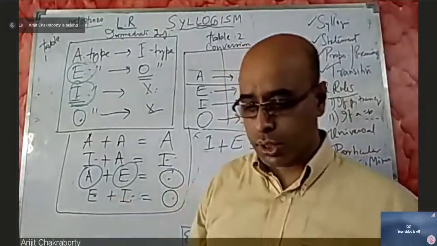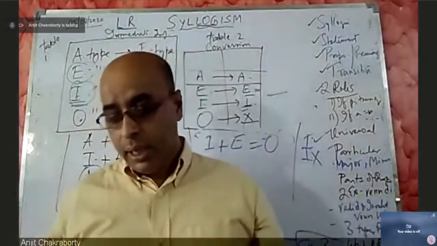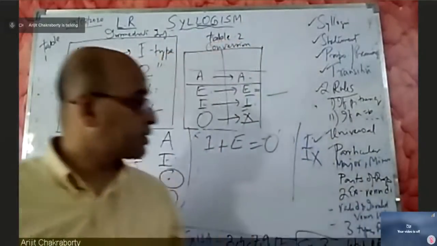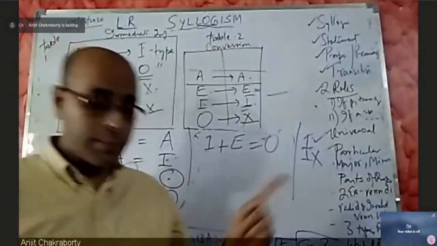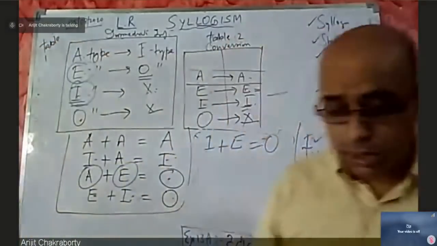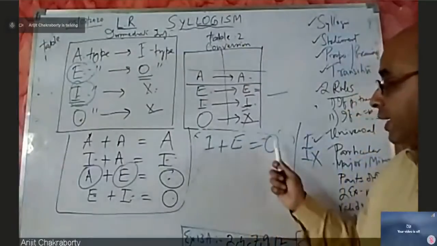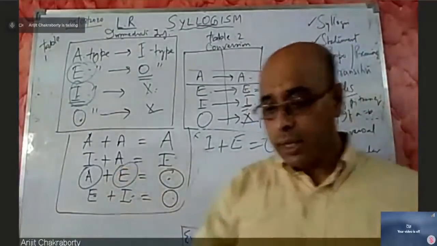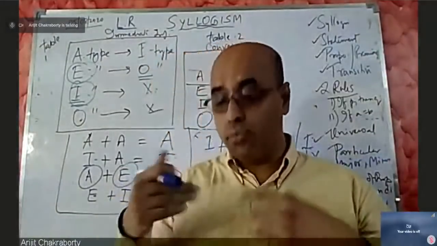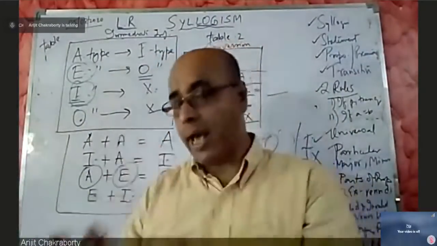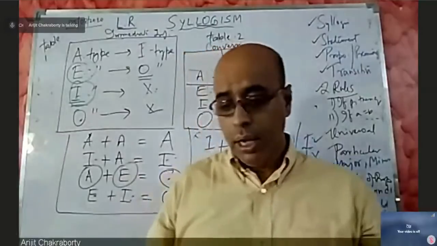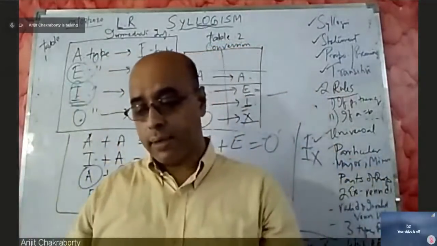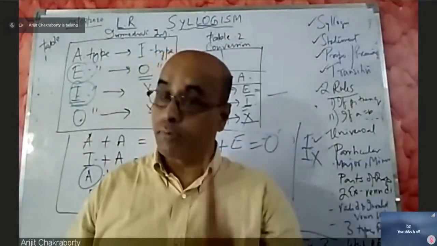Let us see the conclusions. Conclusion number 1, some cups are black, is I type. I type is wrong, it cannot happen because I plus E has to be O as per this important table. Conclusion number 2, some cups are not black, is correct.